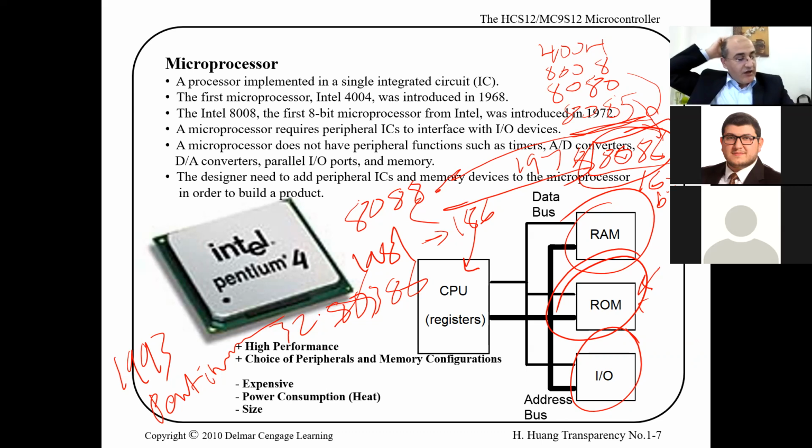Other companies were also working in parallel on producing processors or controllers, but Intel was the lead, honestly. Motorola produced the 68000, or sometimes they call it the 68K.